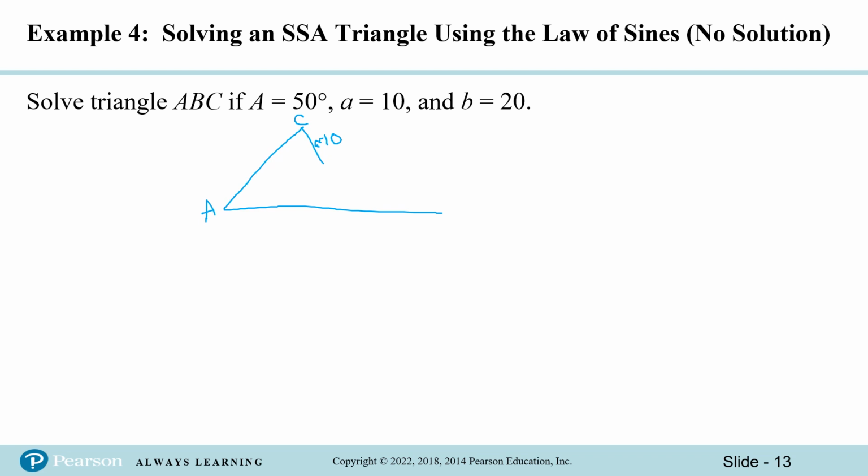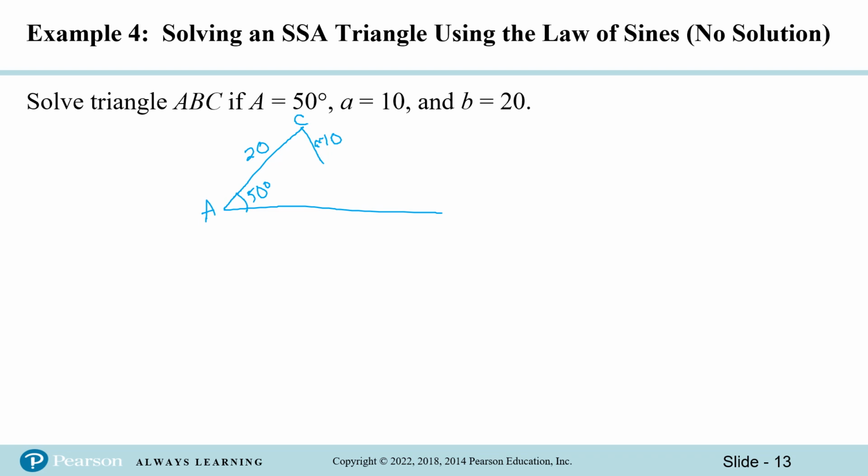It could be longer than what I drew it. It could be shorter than I drew it. But for now, I'm just going to draw it like this, okay? And so we have side B is going to be 20.